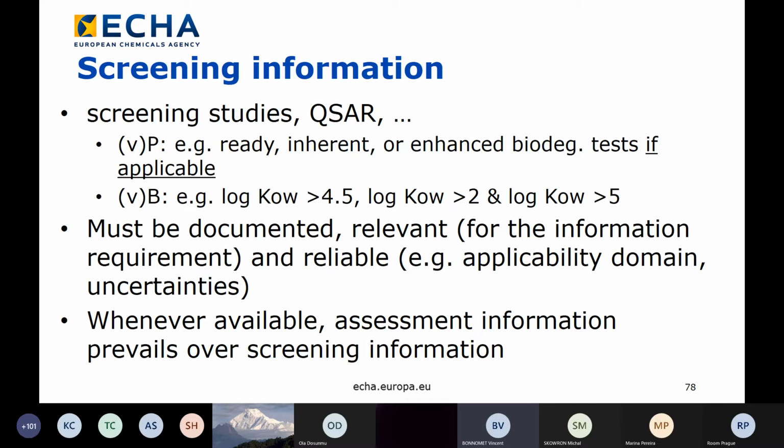And maybe I can develop already a bit about that. You can have screening information that is in one way under conservative or in another way over conservative. If you have an approach that you know is consistently under conservative, but you have a result which is positive, you are pretty confident that, okay, even though my method is under conservative, I have a positive result, then my substance definitely screens for PBT.